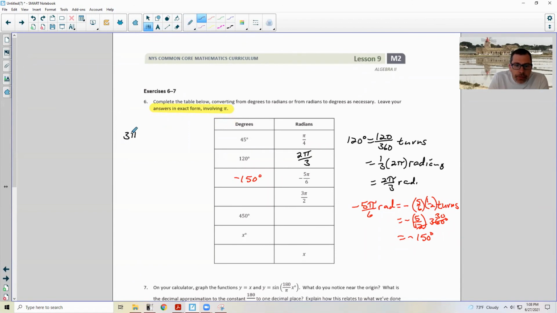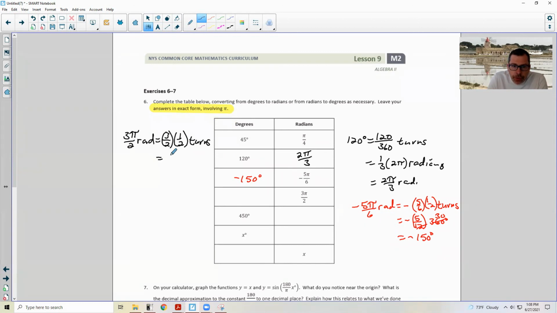3 pi over 2 radians equals 3 over 2 times pi terms.